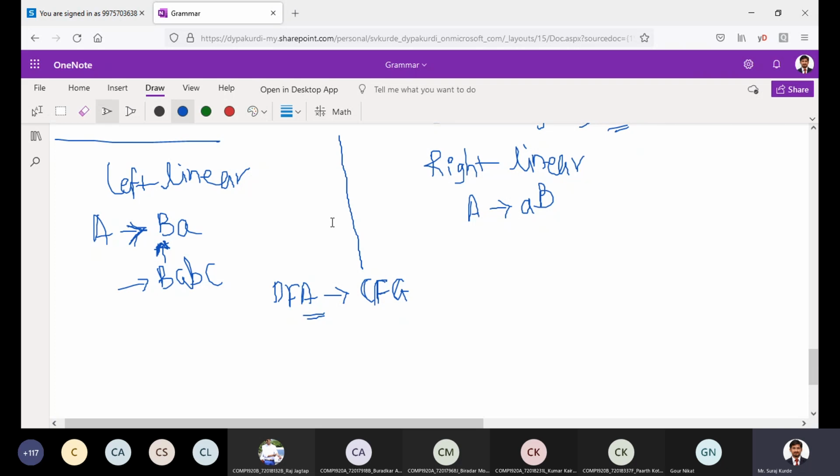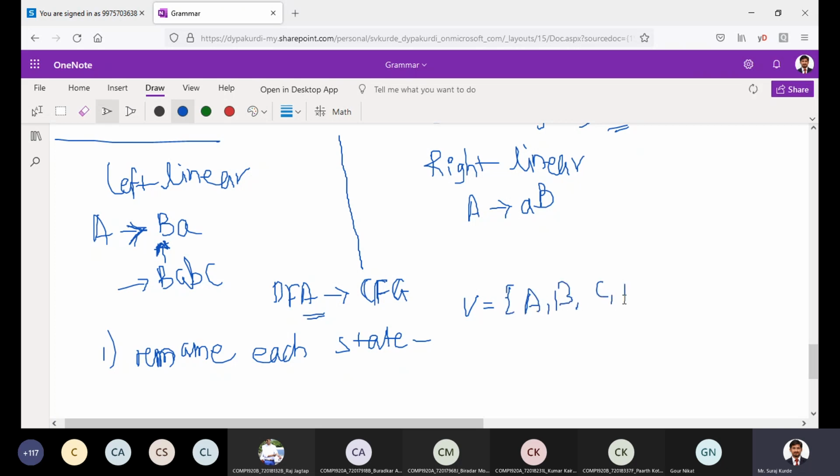While converting DFA to the grammar format, what we have to do is rename each state with a capital alphabet. Why is this required? Because for non-terminals we use capital alphabets: A, B, C, D, like this.